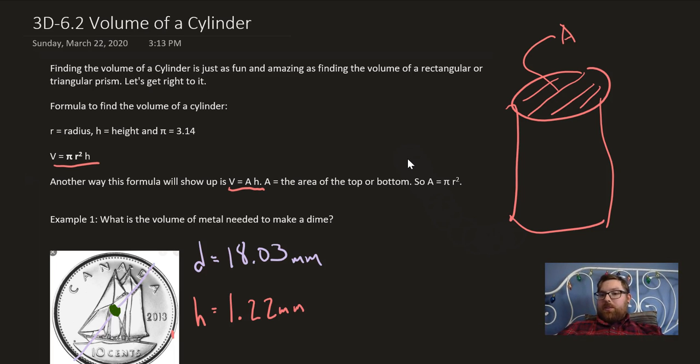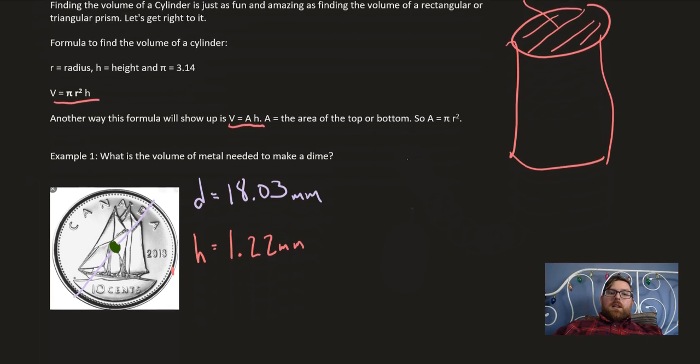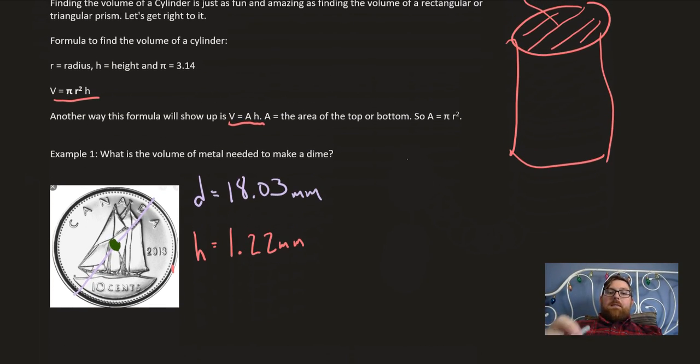I'm going to go over 2 examples in this video. The first one is a very, very tiny example. Literally, it's a dime. Example 1 is, what is the volume of metal that is needed for a dime? If you're working at the mint, this is something that you'll need to know, right? If you're going to be purchasing nickel to make these, then I think they're made of nickel.